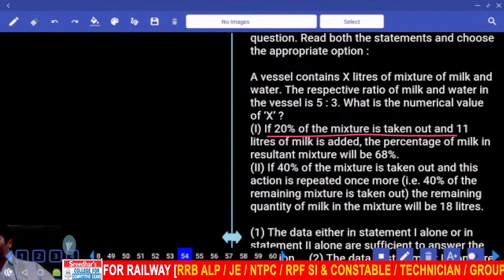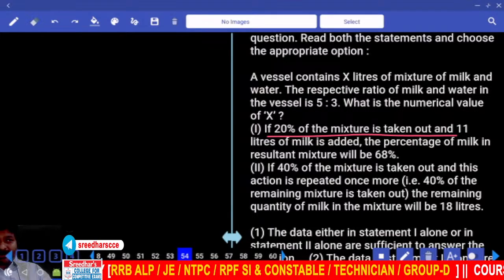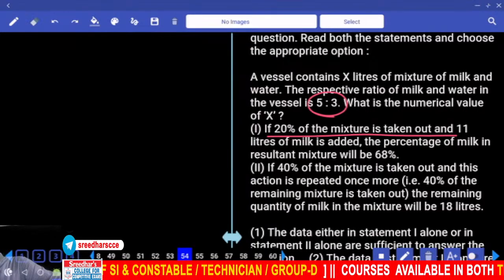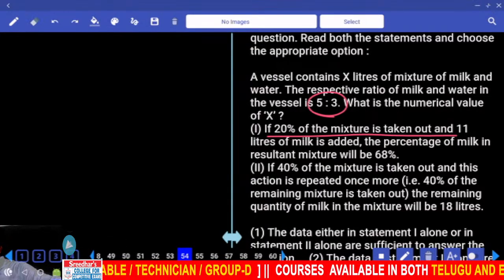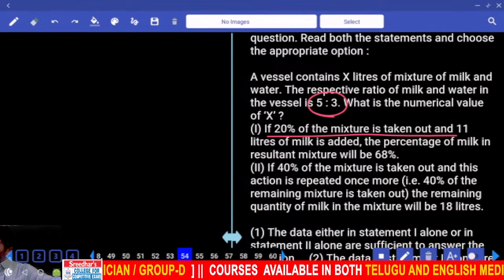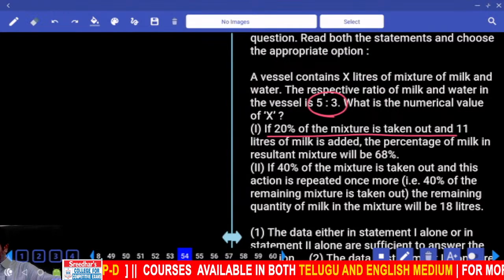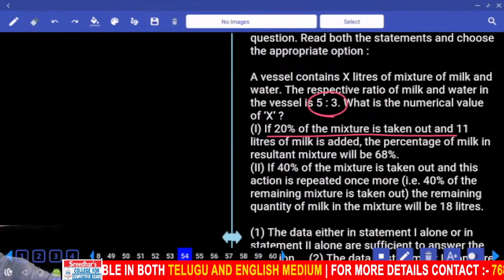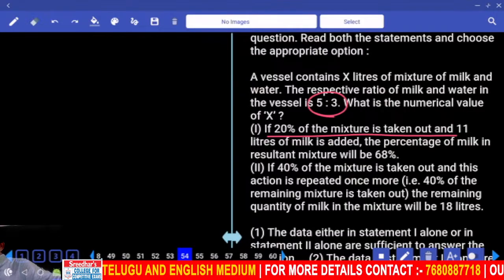20% of the mixture is taken out. We don't know how much we have, but we know the ratio is 5:3. How much percentage is taken out? In this 20% also, milk and water should be in the ratio 5:3. How much is remaining? Even in the remaining 80%, milk and water should be in the ratio.